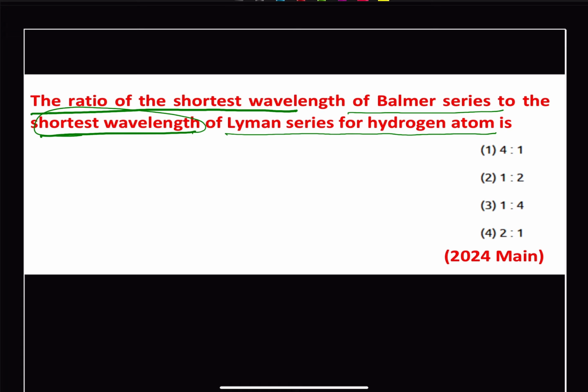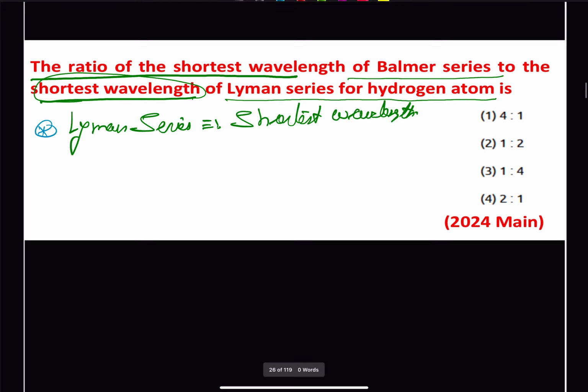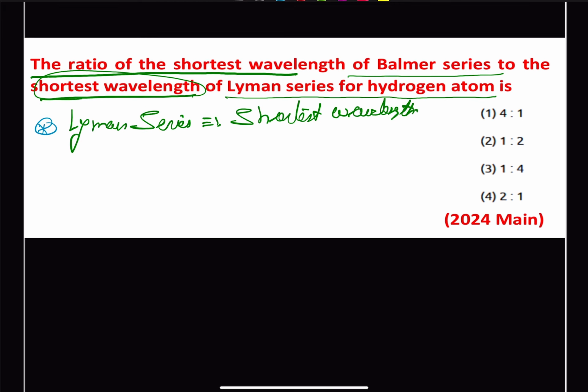Therefore we can write that for our Lyman series we want the shortest wavelength, and the shortest wavelength will be given as n1 equal to 1 transitioning to n2 equal to infinity.